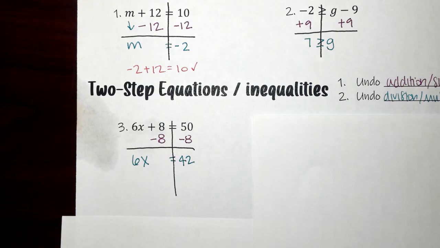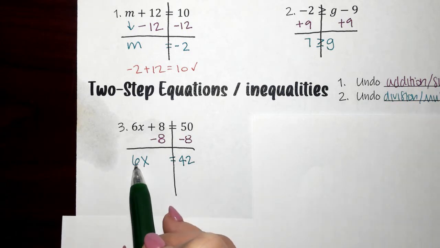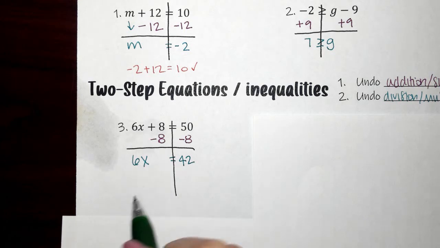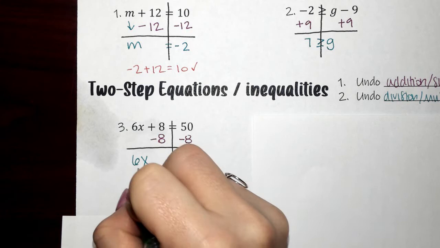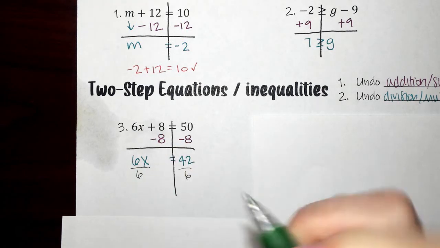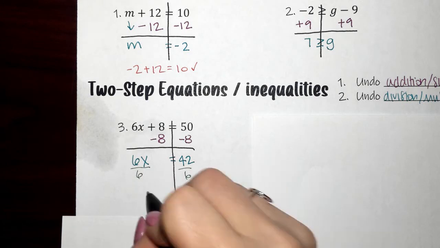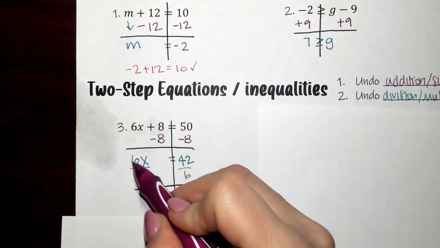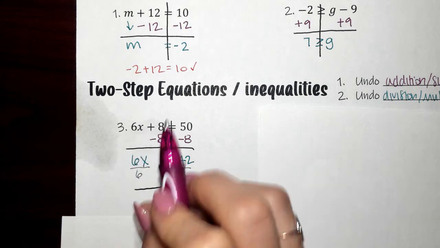Now I need to take care of the division and multiplication. So right now, whenever my number is next to that variable, it's multiplication. So I do the opposite, which is division. So I'm going to divide this by 6, divide this by 6. So 6 divided by 6 is 1.